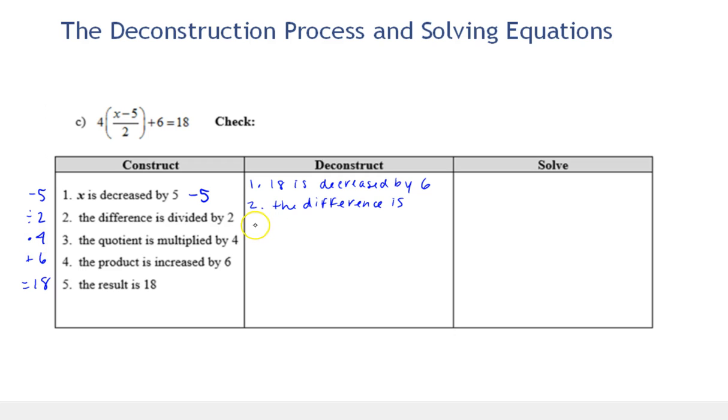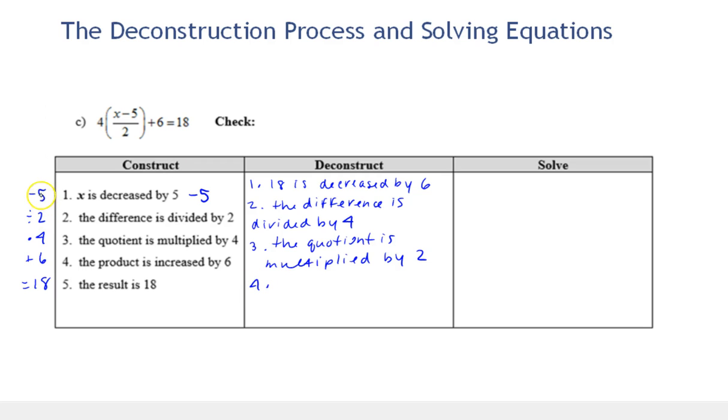The difference is divided by 4. Now our last answer was a quotient, so the quotient is, now we had divided by 2, so we're going to multiply by 2. Is multiplied by 2.